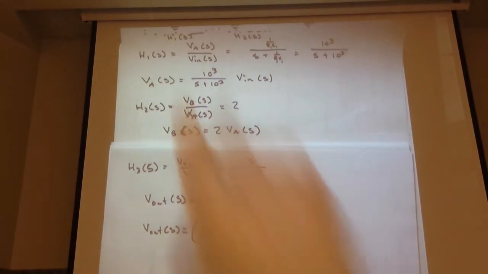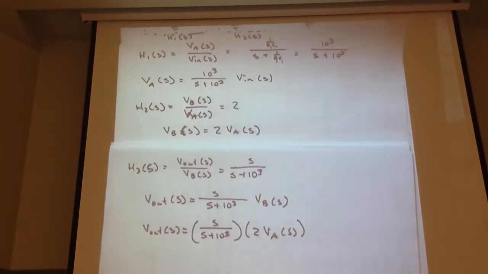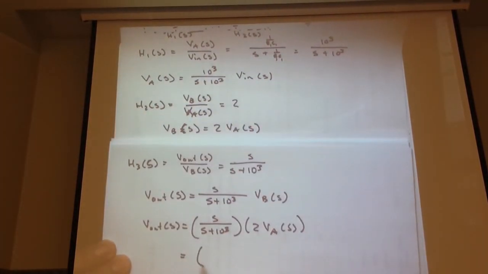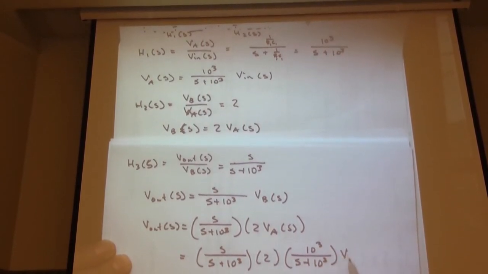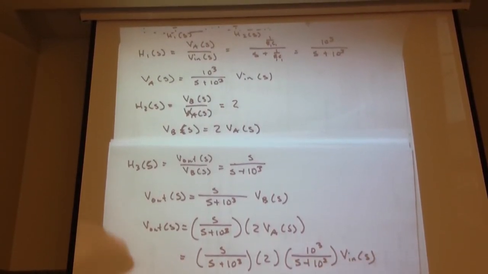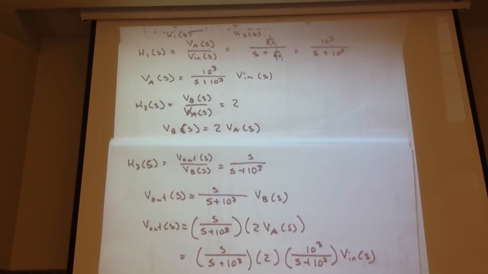And likewise, we can go substitute VA in terms of VN, S plus 10 to the 3 times 2 times 10 to the 3 over S plus 10 to the 3 times VN of S. Do we all agree? Everything's hunky-dory.